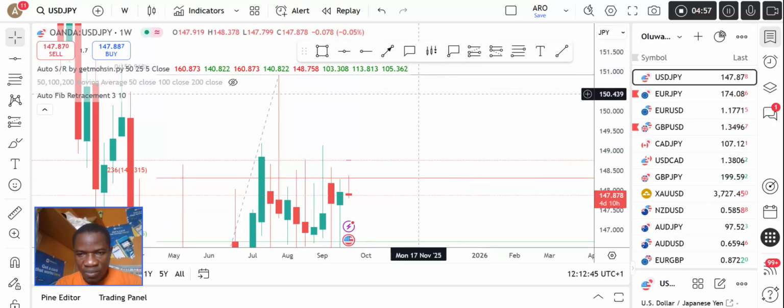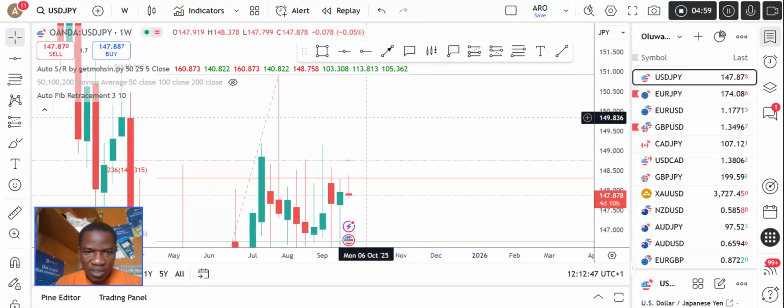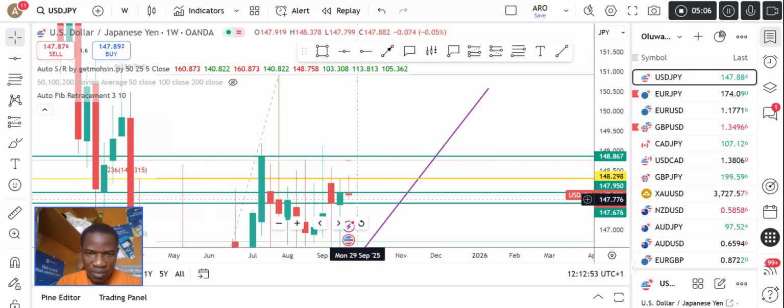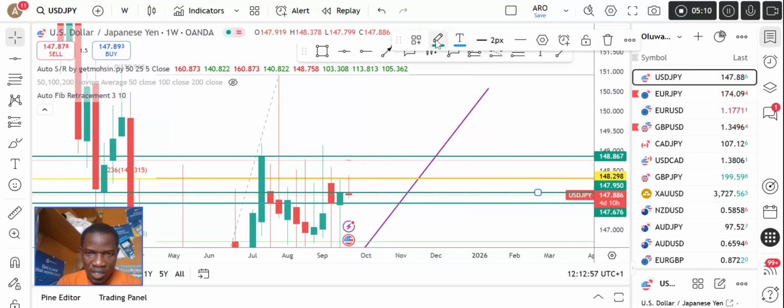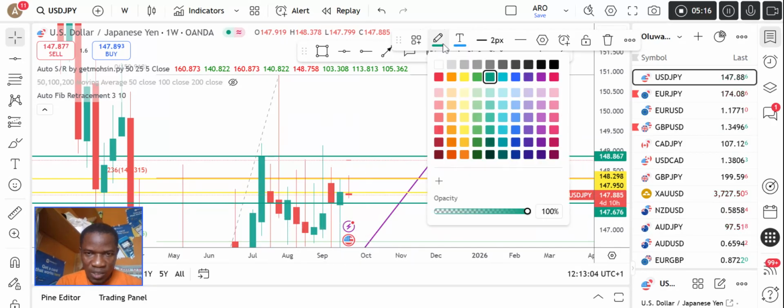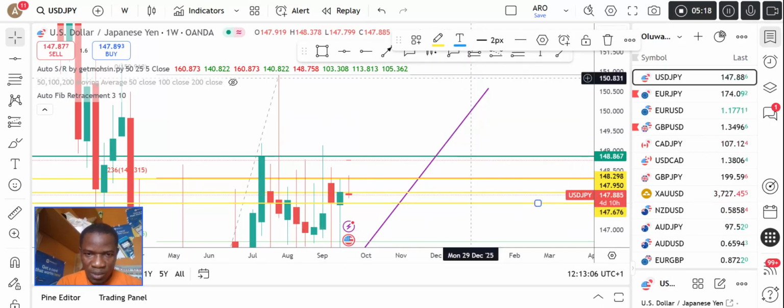Then the second one here, I always change it to yellow. Then this also, I'm changing it to yellow.